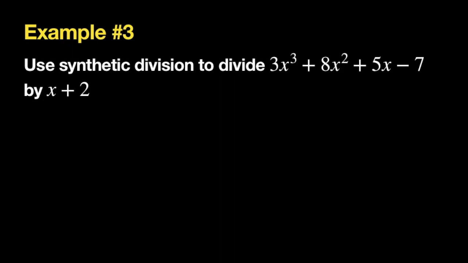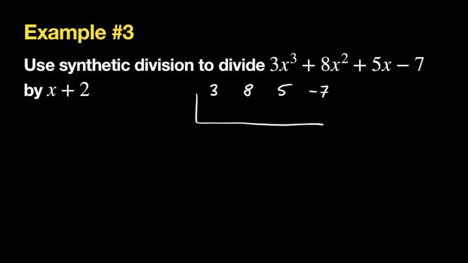Now that we know exactly when we can use synthetic division, we're going to actually see how to do it. The first thing that we're going to do is make our division very slightly different. We're only going to get the numbers in front of each variable. And we have 3 from the x cubed, then we have 8 from the x squared, then we have 5, and we have -7.